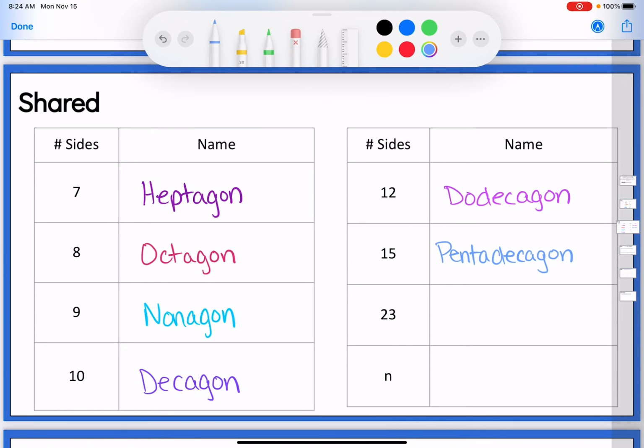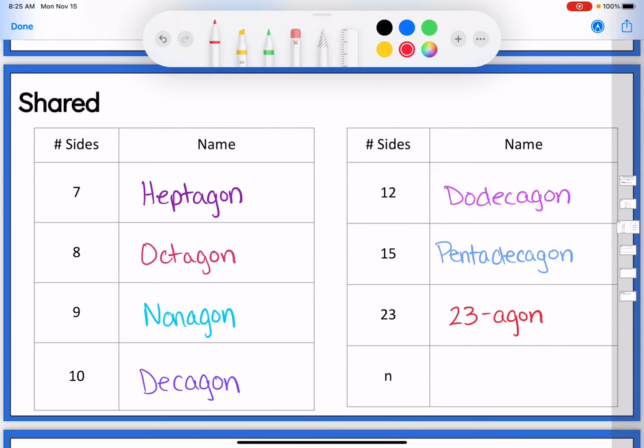Same with like 23. So if it's not one of these other ones, all other polygons, we will just name by putting the number of sides and saying agon afterwards. I know it seems crazy, but this is a 23 agon. It would be an 11 agon. It would be a 17 agon, right? Now, it would technically have a name, but for us, it's too much to actually have to worry about memorizing.